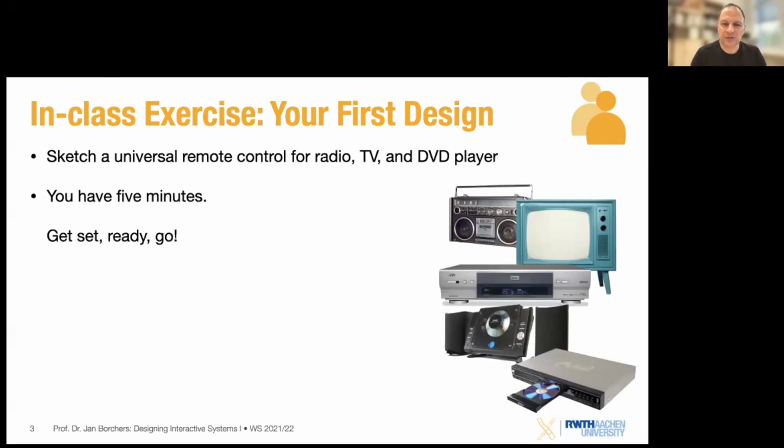It should be able to let you control your TV, and it should be able to let you control your DVD player, okay? So 3 old physical devices and a physical remote we're talking about here, not an app, and not streaming services, anything like that. So 5 minutes, go and have fun designing this.